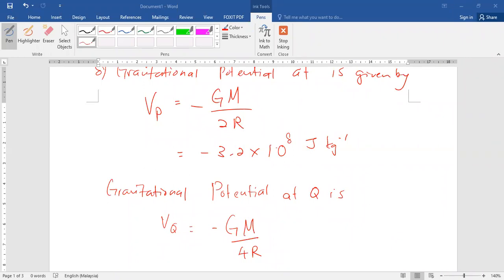You see, 2 points P and Q above the surface of the Earth are at distances of x and 2x respectively from the center of the Earth.